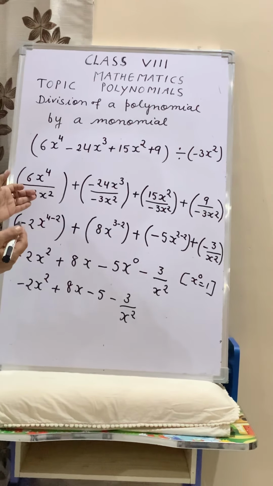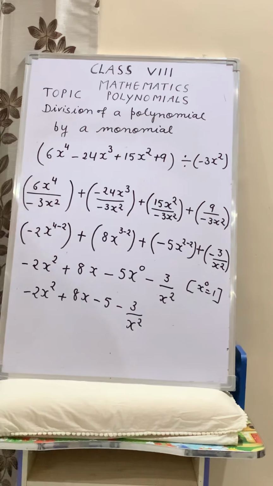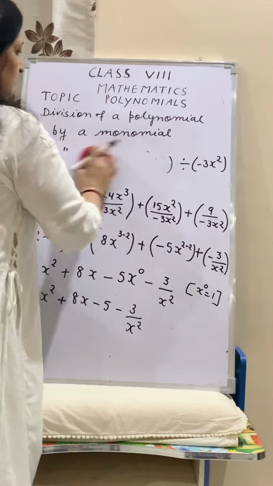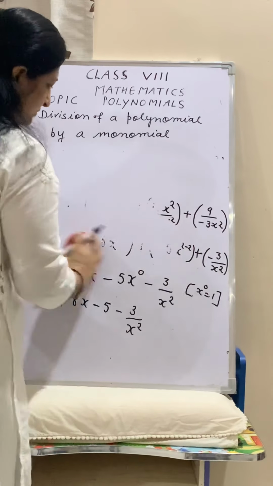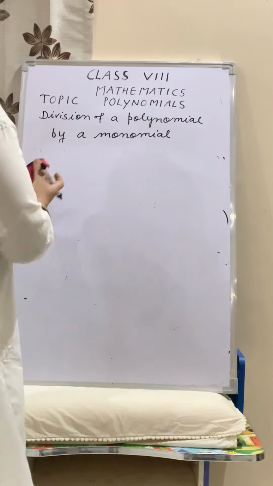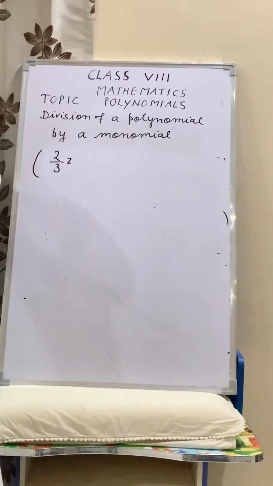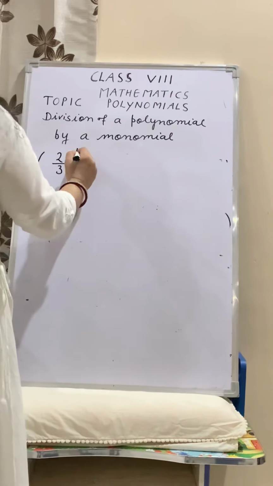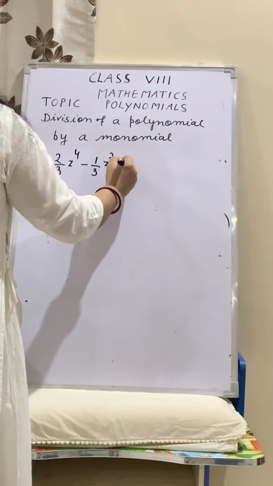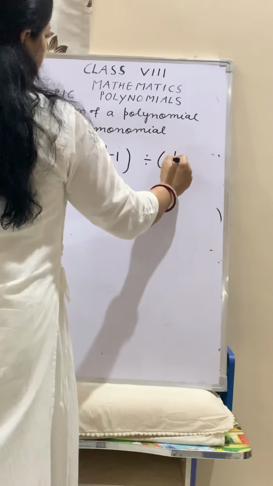Monomials divided by monomials. Second example. 2 by 3 z raised to power 4 minus 1 by 3 z raised to power 2 minus 1 divided by 1 by 3z.